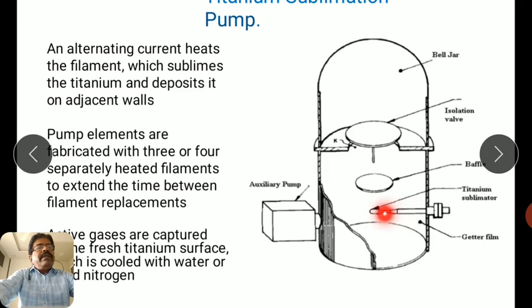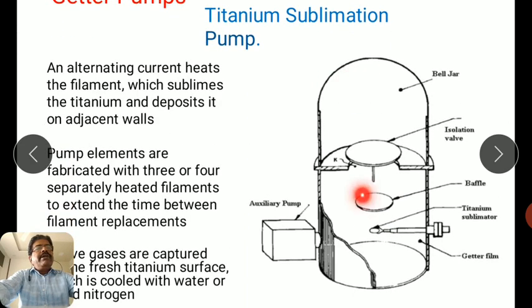The titanium wire is held here, and there are some electrical heating coils, and their connections are brought outside here. Simultaneously 3 or 4 such titanium wires are already placed in the vacuum pump assembly, that is the titanium sublimation pump, so they can be operated one by one. Why we need 3 or 4, we shall discuss later on. So this is the titanium sublimator. This is the baffle. This is the entire chamber here.